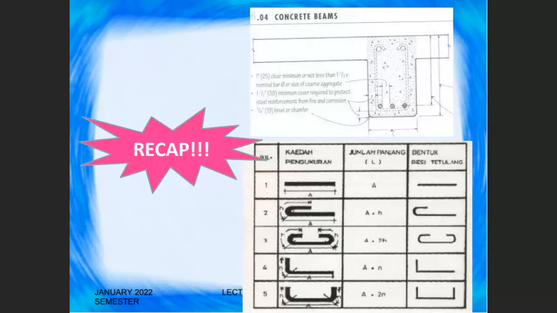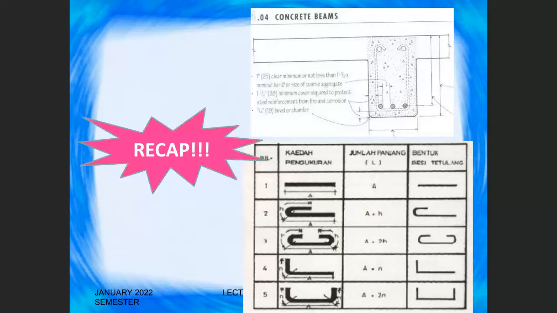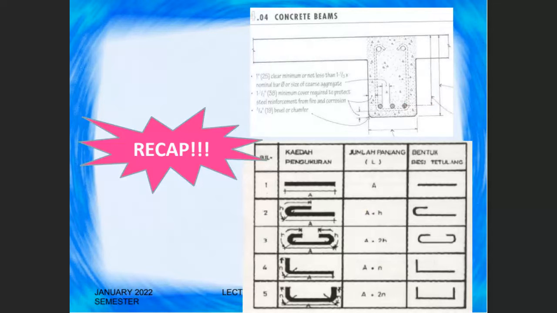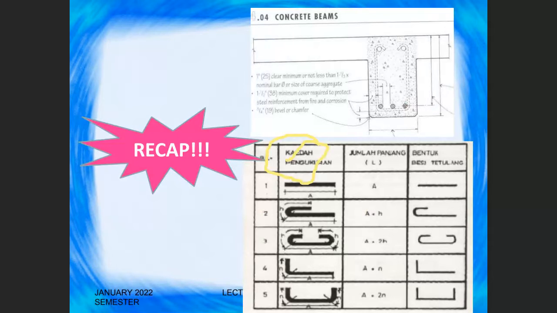Okay, next I would like to recap the formula. In case you are given the length of the bar with the formula, okay, this one is in Malay. So let me change, because these are the notes that we have to refer to from one of the companies.